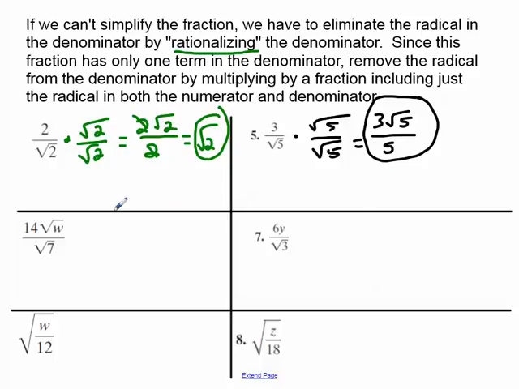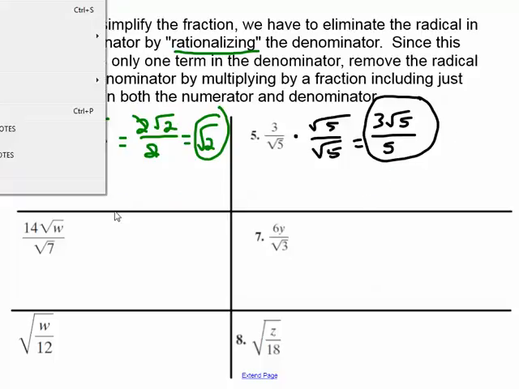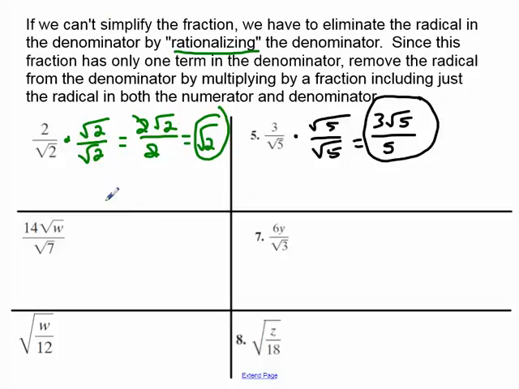All right, let's make things a little bit more complicated. Let's take a look at this guy. 14 square root of w over square root 7. We can have a square root in the numerator, but the denominator can't have it. Multiply by square root of 7 over square root 7. We get 14 times square root of 7w over square root 7 times square root 7, which is square root of 49, or 7.